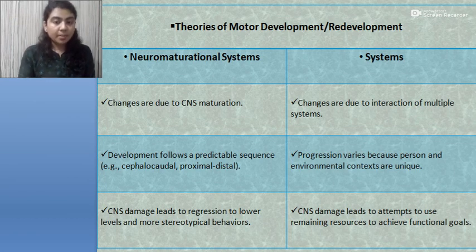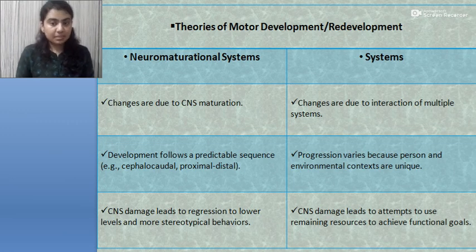Later on, it will be dominated by the brainstem reflexes, and later on, by the cortical reflexes. Second point, development follows a predictable sequence, that is cephalocaudal or proximal to distal, right? In management also we are looking for the same thing, cephalocaudal or proximal to distal.